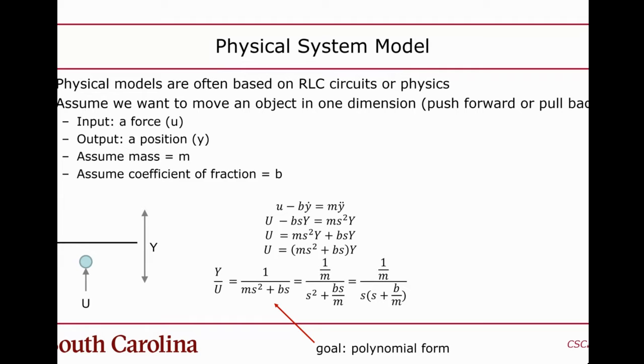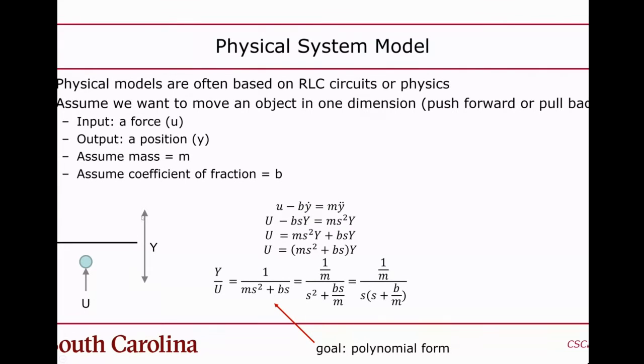So you can say, well, the force U that I applied as an input to the system, we have to subtract the friction of moving that thing. The friction gives us a negative force, which is proportional to some constant b multiplied by the velocity, y dot.